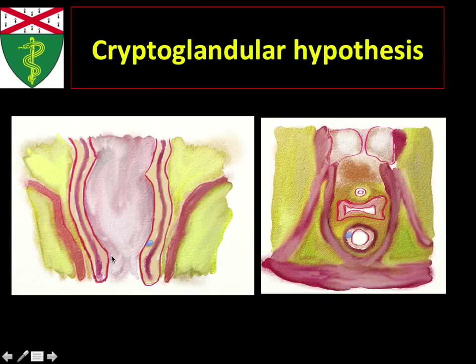It doesn't have to happen at the dentate line, but because you have a lot of anal glands concentrated in that area, for whatever reason you have infection, you have inflammation. These anal glands, which should normally, this is in blue, open up and drain into the bowel, they get blocked up. So that opening gets blocked up, and now you have this gland that can't drain properly, and there's stasis, and that can get infected.